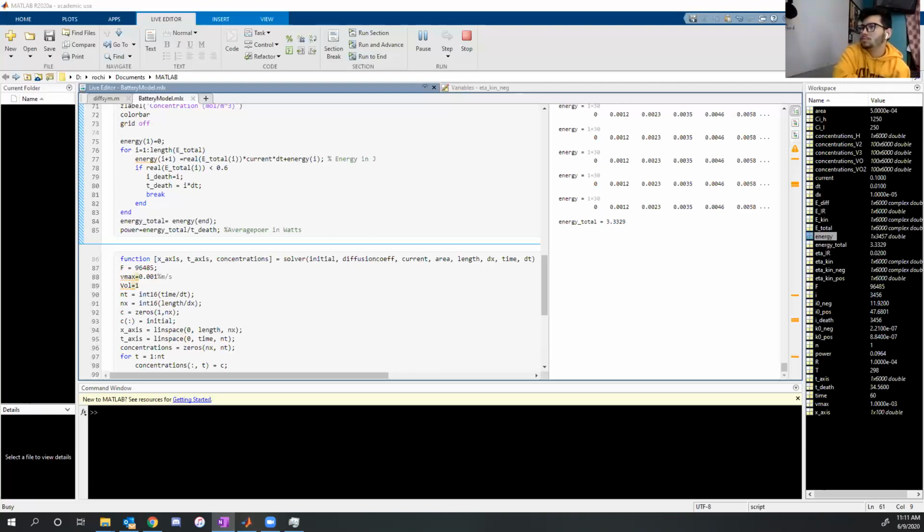So maybe in 2 weeks or something, I'll plan to prepare something about how you would model a more detailed model that included migration and not just diffusion, which is useful in cases where you don't have a big buffer solution. If you dissolve a salt in your solution, like a bunch of NaCl or KCl or sulfuric acid, the migration's not as big of a deal. But if you have a system where that's not the case, then it can be critical to track the other charge carriers in your system.